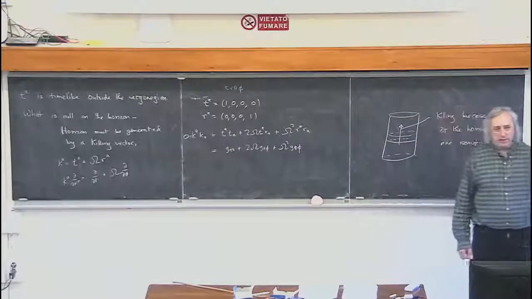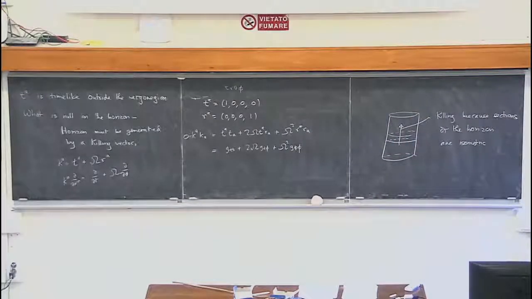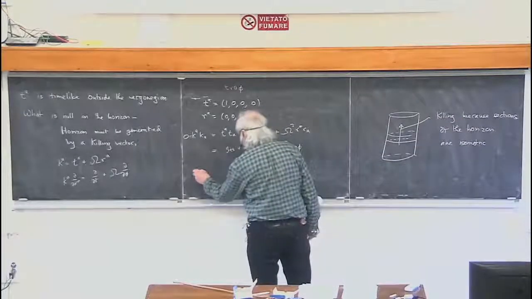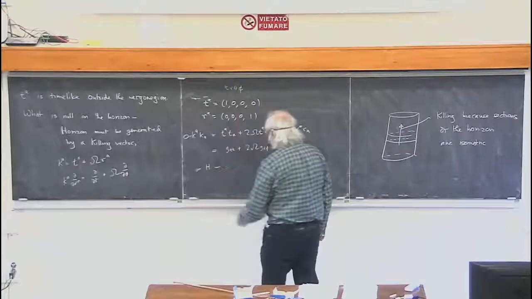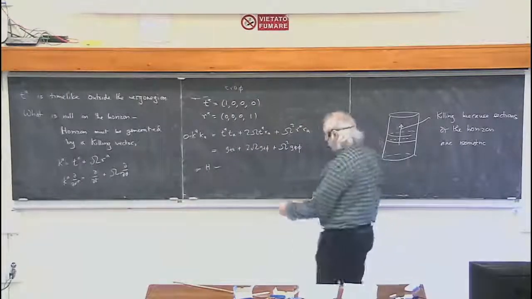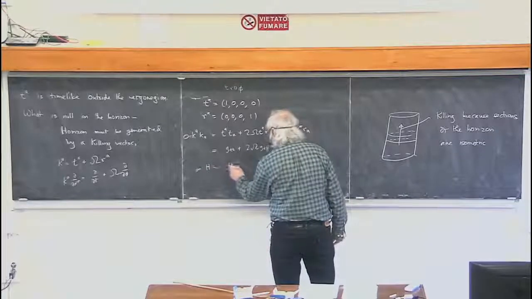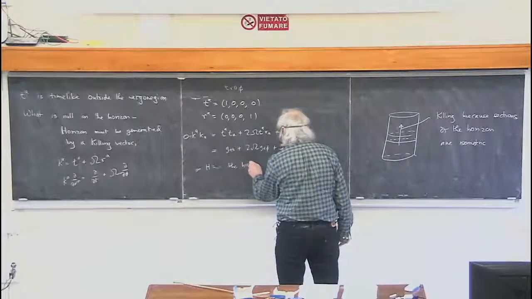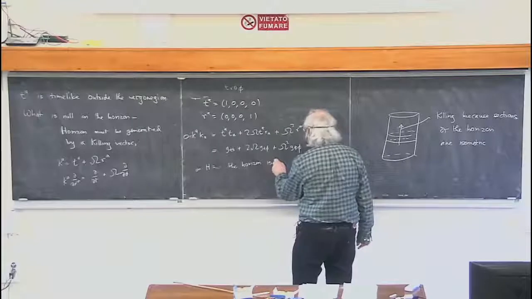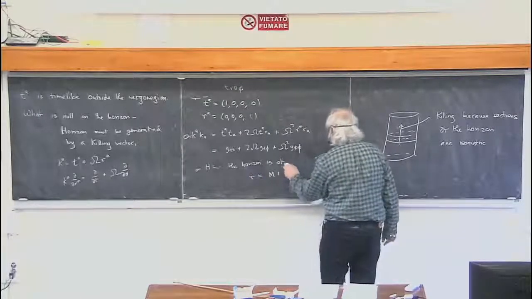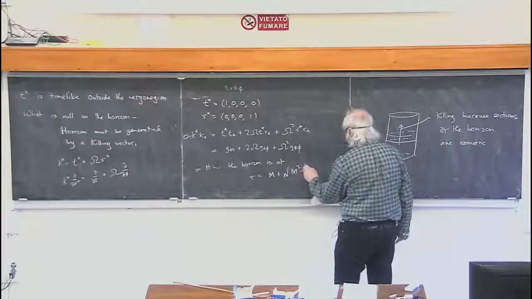So it's a nasty quadratic equation to solve on H. Where is H? H we already know to be r equal to m plus the square root of m squared minus a squared minus q squared.